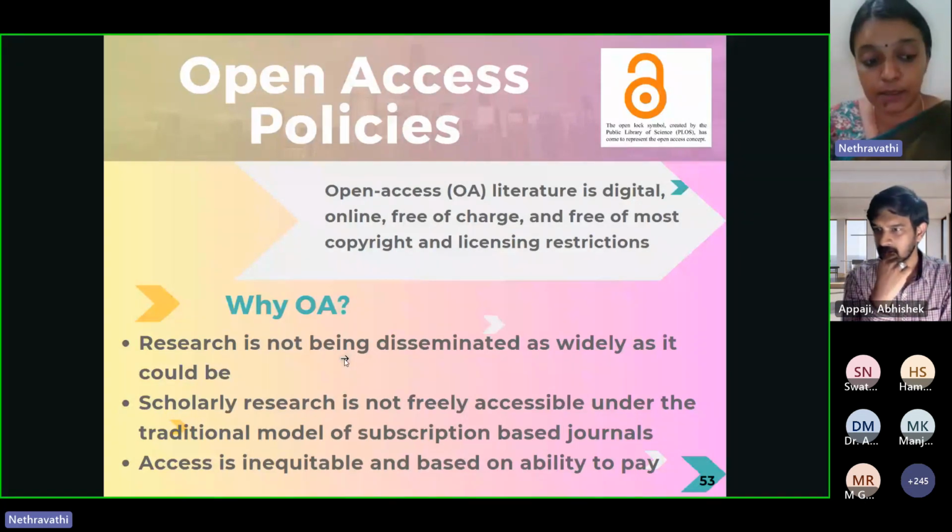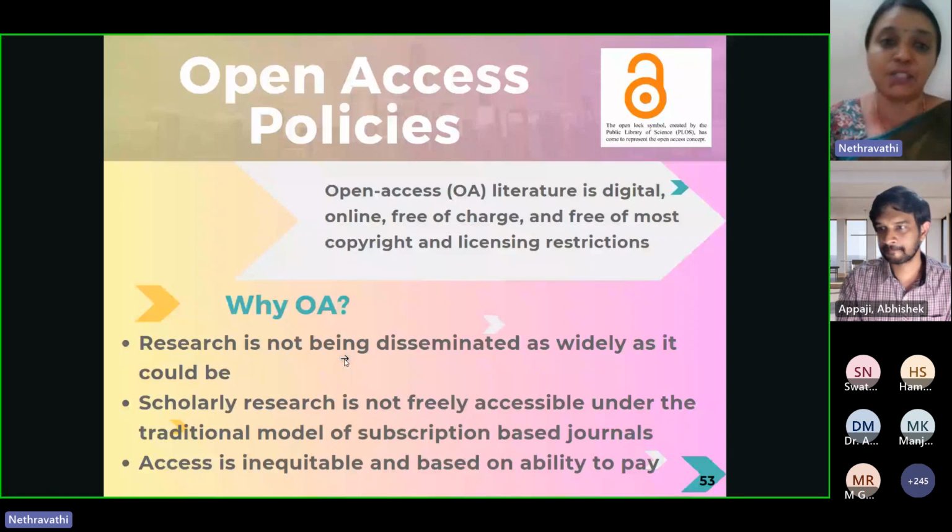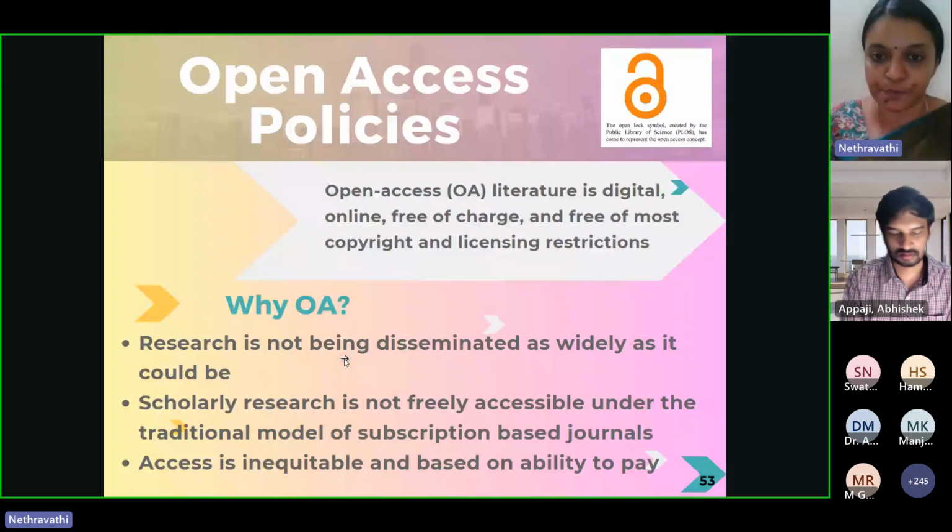But the key point you have to remember is to differentiate between open access and what Dr. Sainath told, the predatory journals. You have to be very careful while you are searching for open access journals.